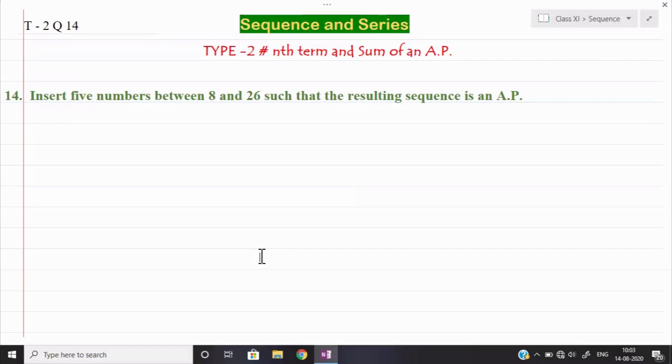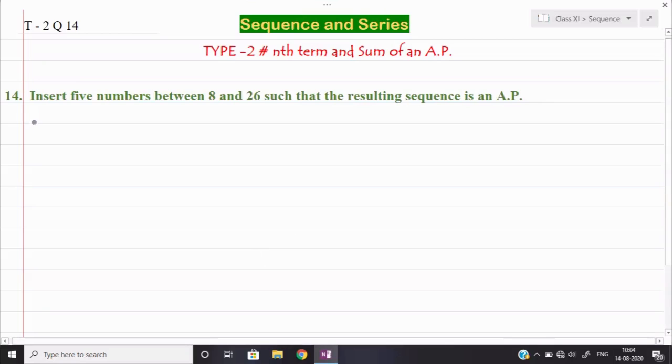We have to find the value of those 5 numbers, and second, we have to make the sequence an AP also. So let us see how we can solve this question. First of all, we shall create a sequence with unknown numbers, and we shall find their values in such a way that it forms an AP.